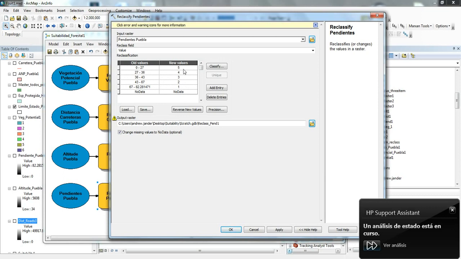But some of the more flat areas, or that are less inclined, would be much more valuable as far as the ease of harvesting. So we gave those a 5. And so then there's kind of varying levels in between there.